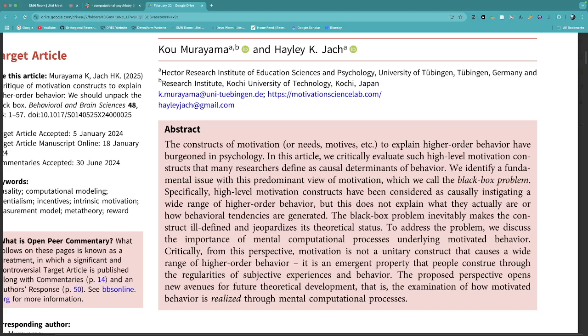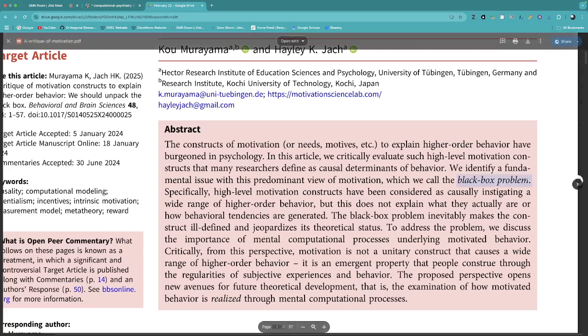We identify a fundamental issue with the predominant view of motivation, which we call the black box problem. Black boxes are usually things we find in science that don't have an explanation but have an output, and we try to ascribe something to that. The black box simply refers to this inability to find a mechanism, or maybe it's some sort of stochastic process, but we don't have a good fix on what the mechanism is.